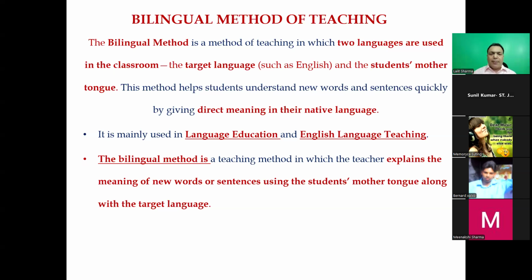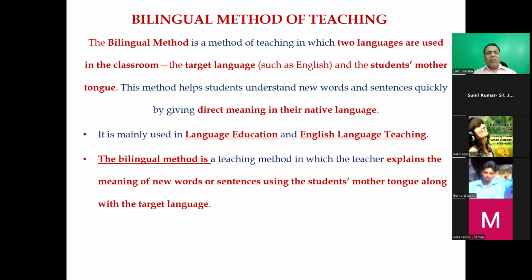Now what is happening with the help of the bilingual method of teaching? This method helps students understand new words and sentences quickly by giving direct meaning in their native language. Students speak more and more in their mother tongue.